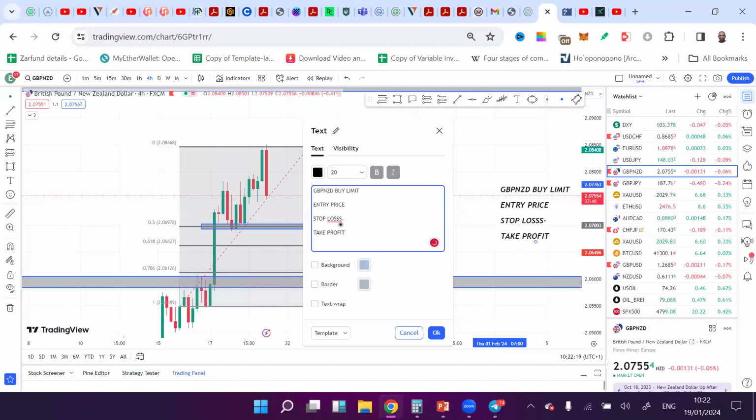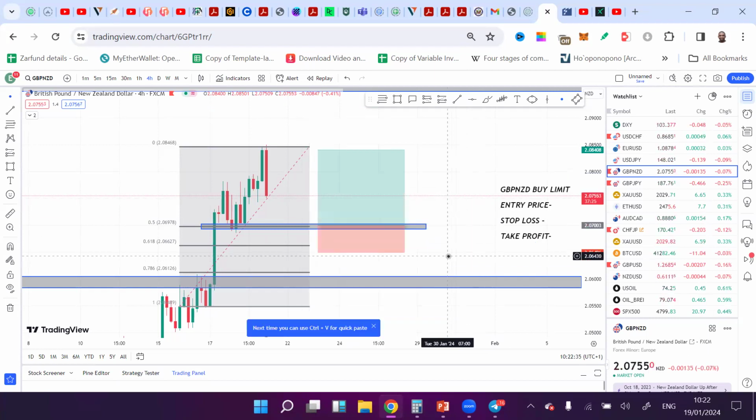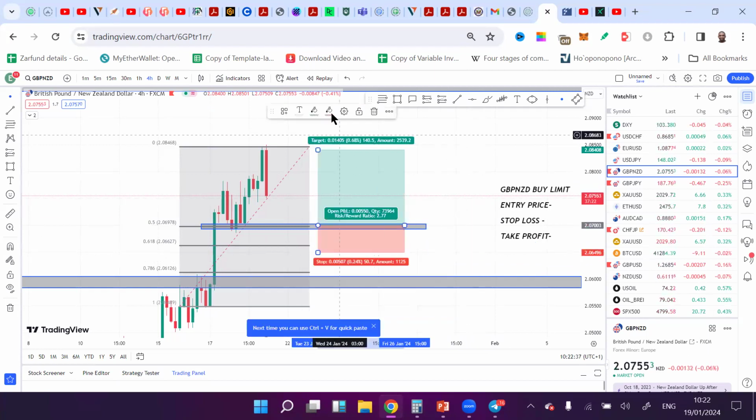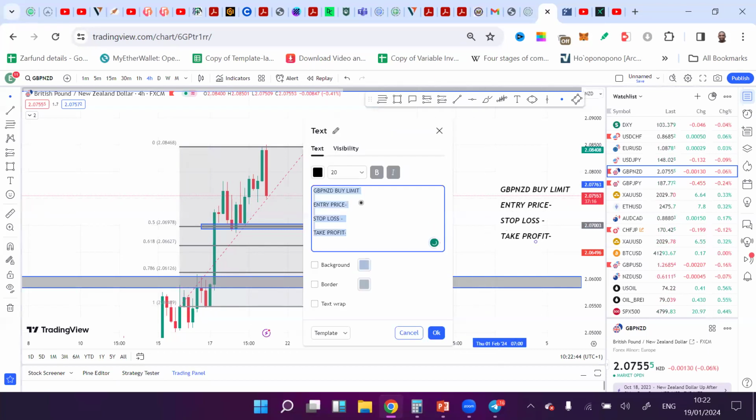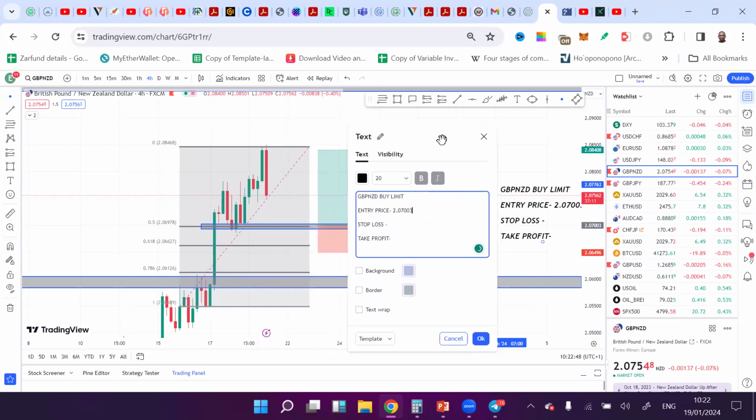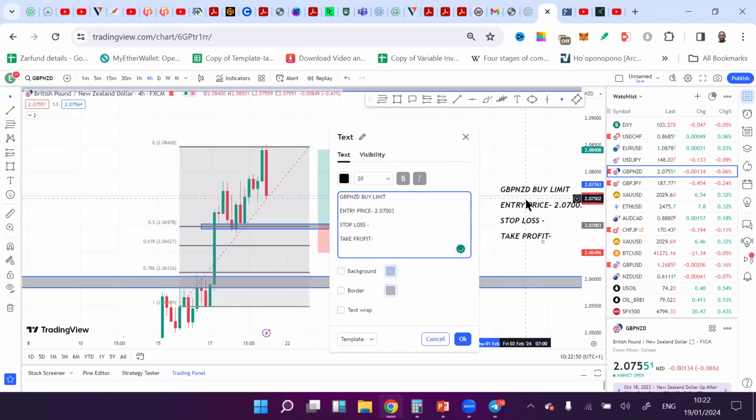So guys, when you're entering these trades, make sure you are using proper risk management. Proper risk management means that you are using a lot size that's commensurate with your account, right? Don't take too large a position on your account. You have to know what your account can take before you enter any trade. No matter how accurate a trade setup is, you should not risk too much on your account.